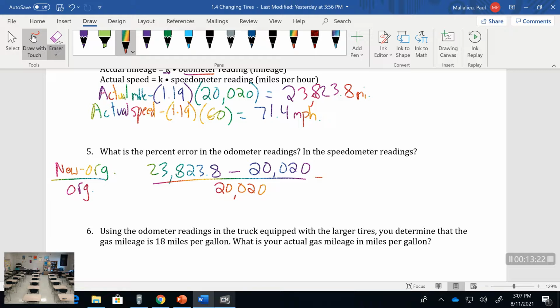So that percentage is going to show up as 0.19, which is equal to 19%, the percentage error.